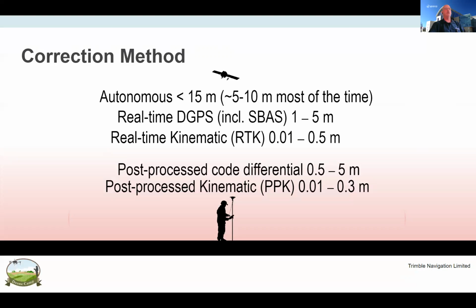We can use either post-process code differential, which is going to give us sub-meter or down in the low 1 to 2 meter accuracies, or we can use post-process kinematic or PPK, and again reach the sort of precision that an RTK, a real-time system, can give us, or maybe even better.